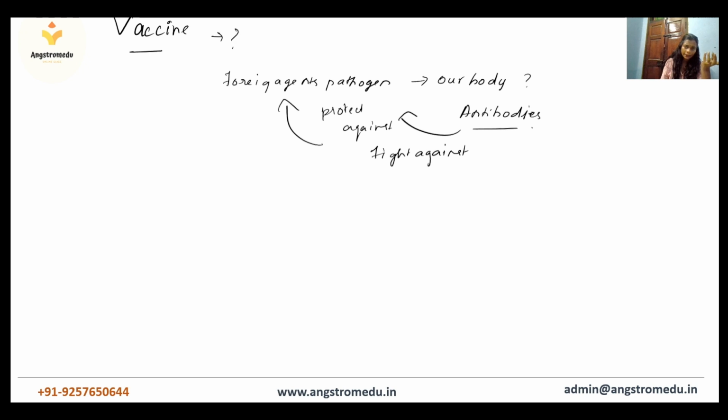What is the role of these antibodies? They will fight against this foreign pathogen in order to kill it or prevent its further development. From childhood, just think, why do children or infants take vaccines?